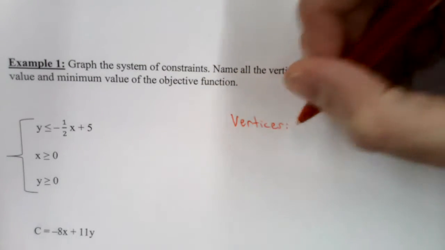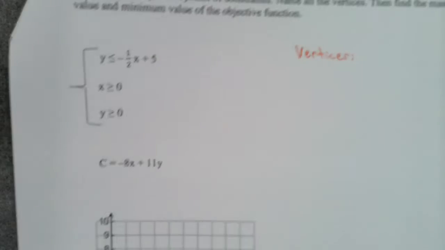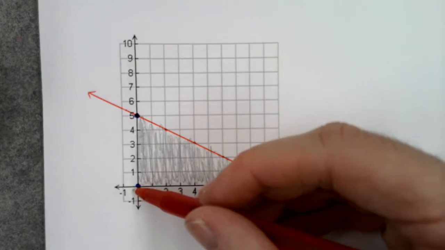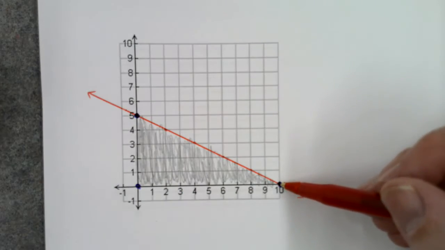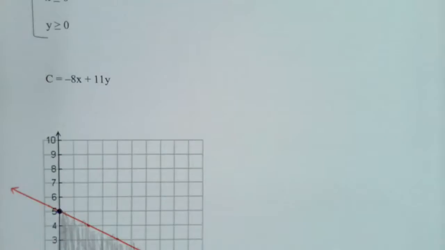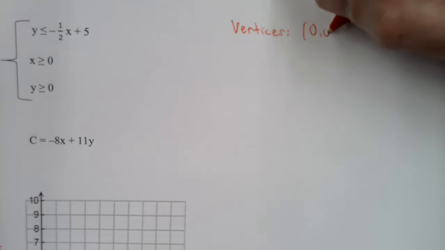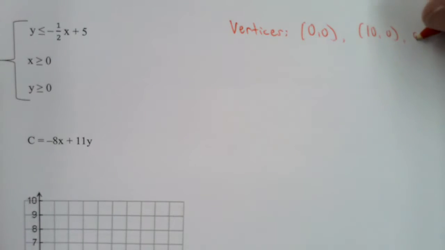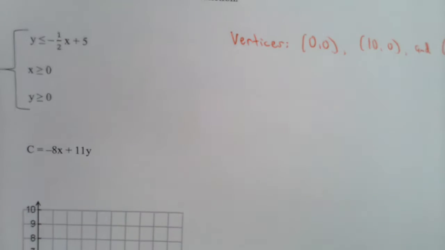The vertices of the feasible region are (0, 0), (10, 0), and (0, 5).